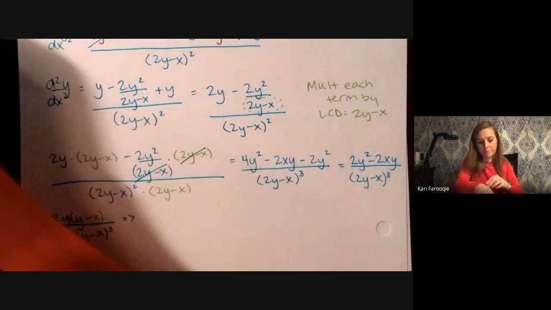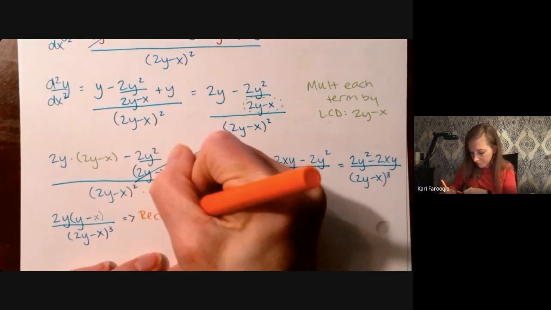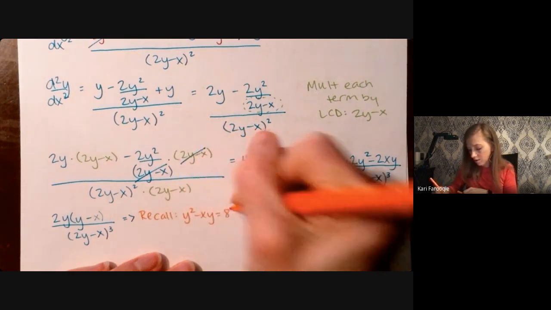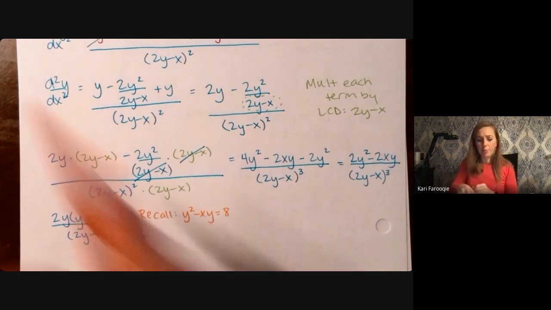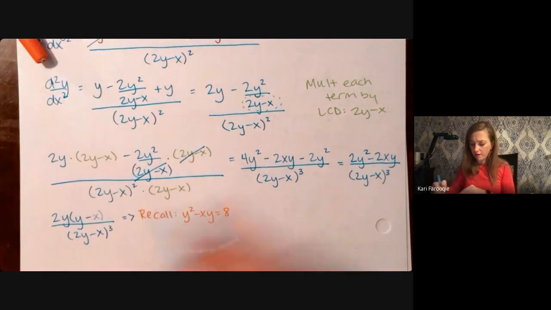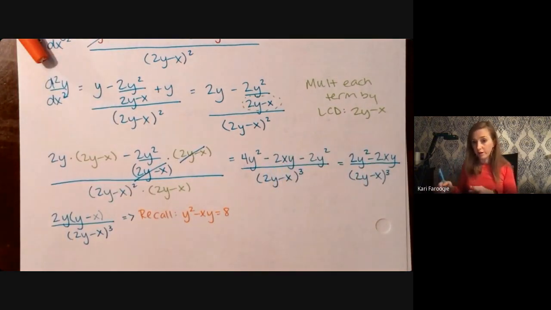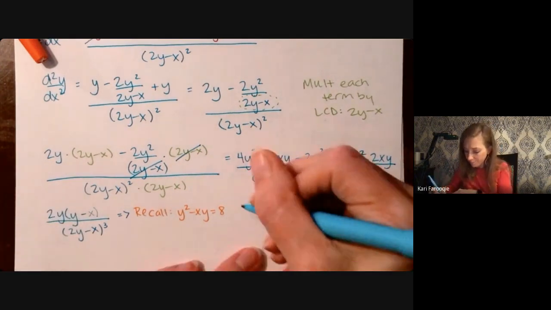Recall y squared minus xy is 8. And if you're like, why does she keep saying that? Well, go back here, maybe go back here and only take out a 2 instead of a 2y.